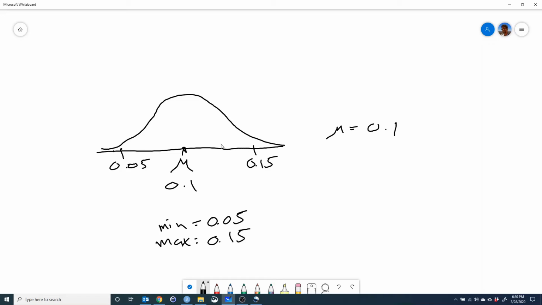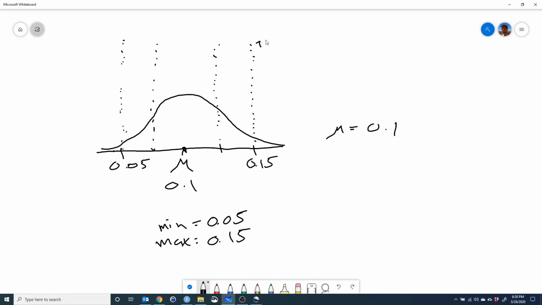And when we look at a normal distribution, we should think of one standard deviation as being kind of like right here. That's one standard deviation, and this is more like two standard deviations.